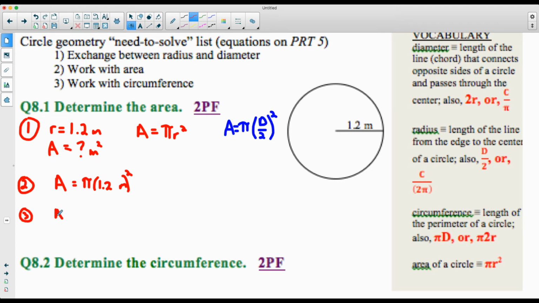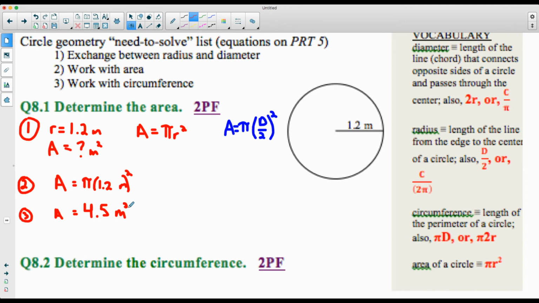The area comes out to, and you would have to do this. Let's see, 1.2 squared is 1.44 times pi, 3.14. Gives you about 4.5 meters here. So this is a 2 sig fig problem. 2 sig figs right here. So this actually comes out to 4.5 meters squared. There's the area of the circle.